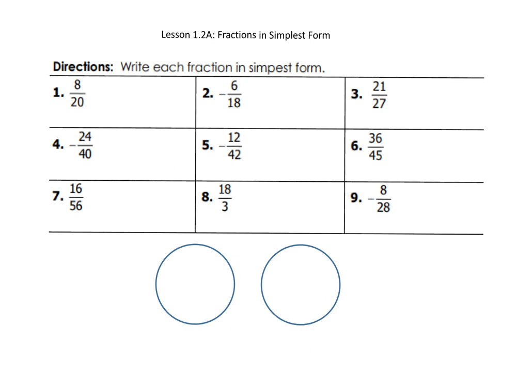If you have a Casio, there's going to be an actual fraction button. It shows a box, then a fraction bar, and then a box underneath. You would put 8 in the top box, push your down arrow, put 20 in the bottom box, and then hit equals.